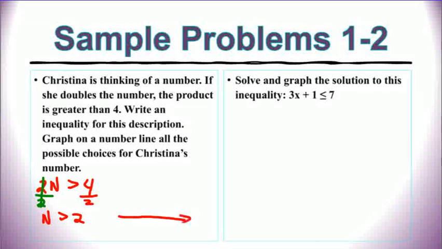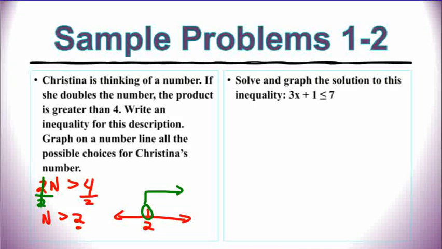On a number line, instead of putting all the numbers, I'm just going to put the one number listed here. I'm going to put a 2 here. Since it's greater than, it doesn't equal, so I need to have an open circle. Greater than means I have to go to the right. So every number greater than 2 could be Christina's possible number.